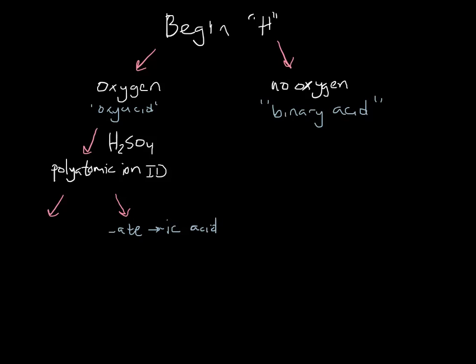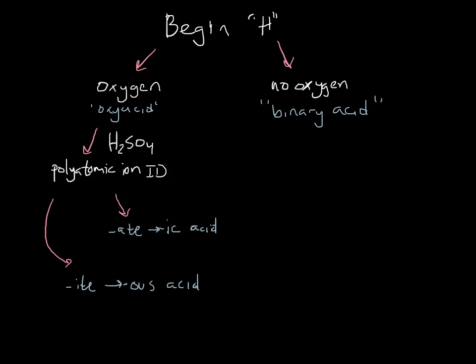On the other hand, if your polyatomic ion ends in ITE, you change the ite to OUS, and add acid. So sulfite would become sulfurous acid. Sulfate would become sulfuric acid. So you drop the endings and then add the acid.